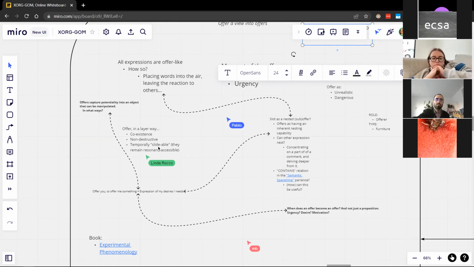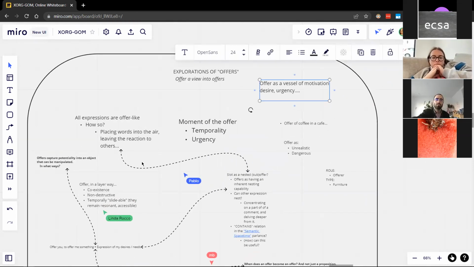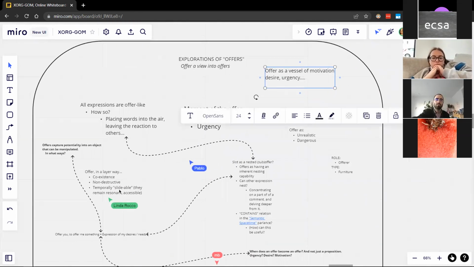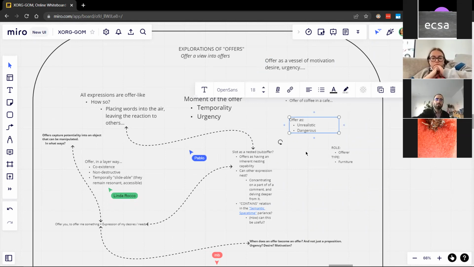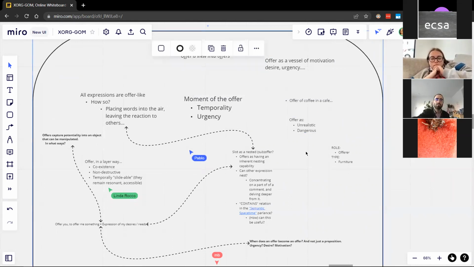Maybe I decide to spend time with this idea of the nested structure, and how it relates to conversation, or I could spend time with the layer direction, or I could take these offers that are unrealistic and dangerous, which are there waiting, almost like a sketch.